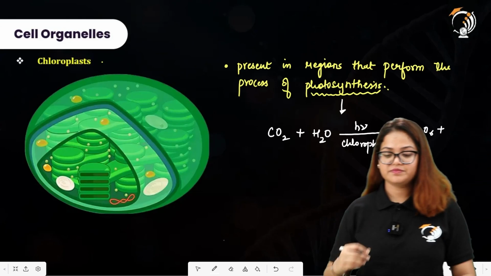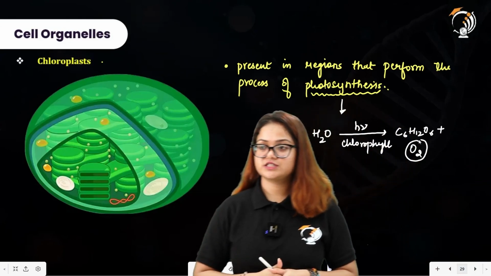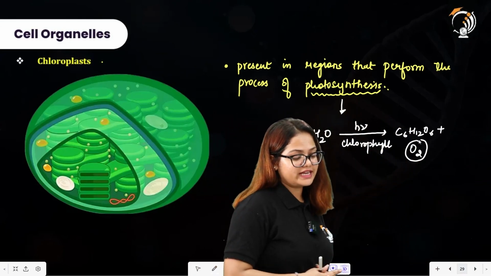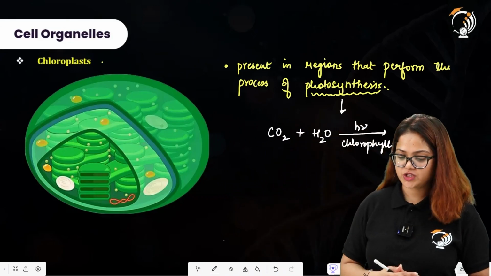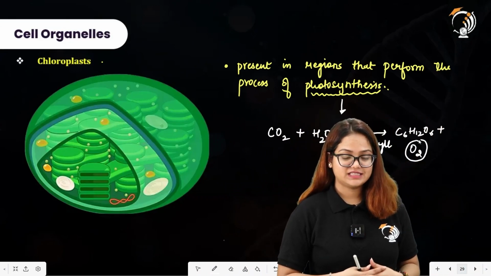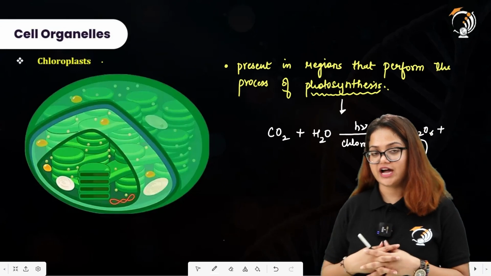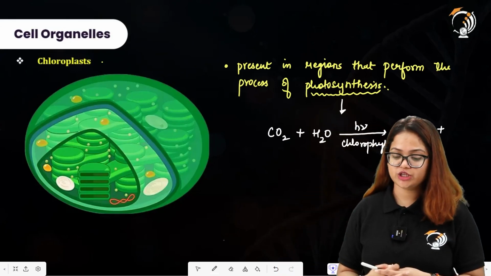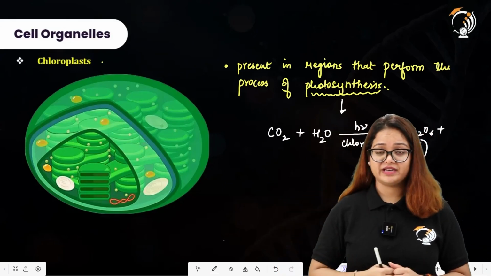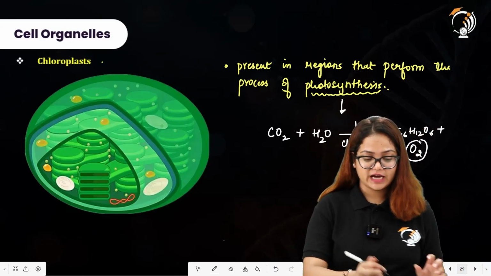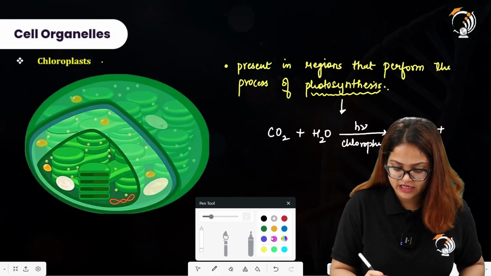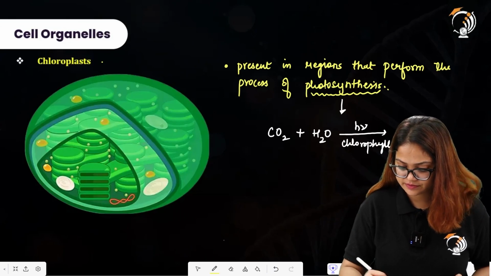So this is the reaction for the photosynthesis process. Carbon dioxide and water are acted upon by sunlight, converted into carbohydrate and oxygen by the chlorophyll pigment, and these chlorophyll pigments are green in color.